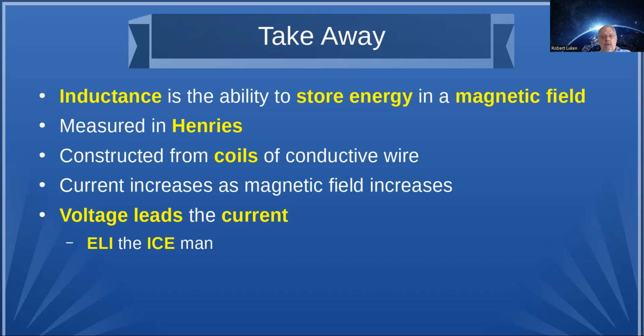Okay, so the other thing on inductors, we measure them in henries, named after some guy named Henry. Forgot his first name. Basically, they're constructed from coils of some sort of conductive wire, and the current increases as the magnetic field increases.